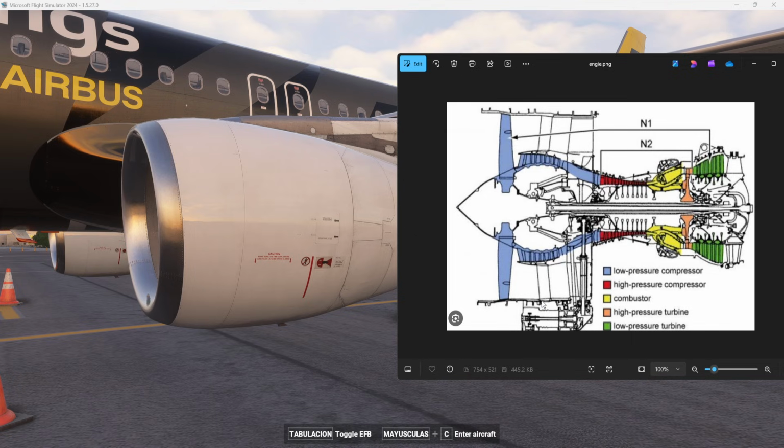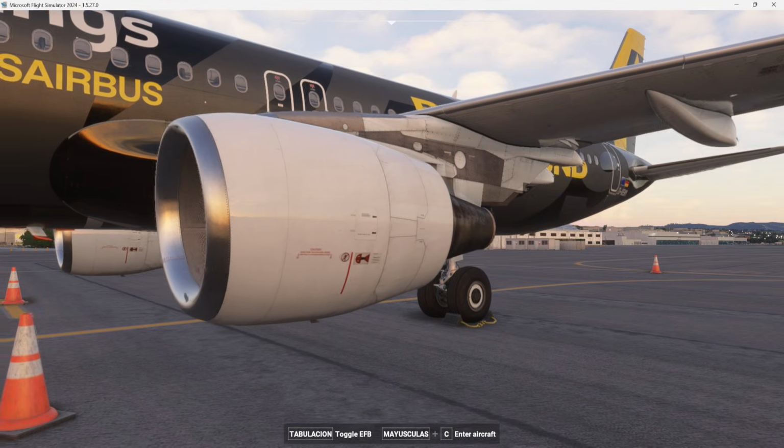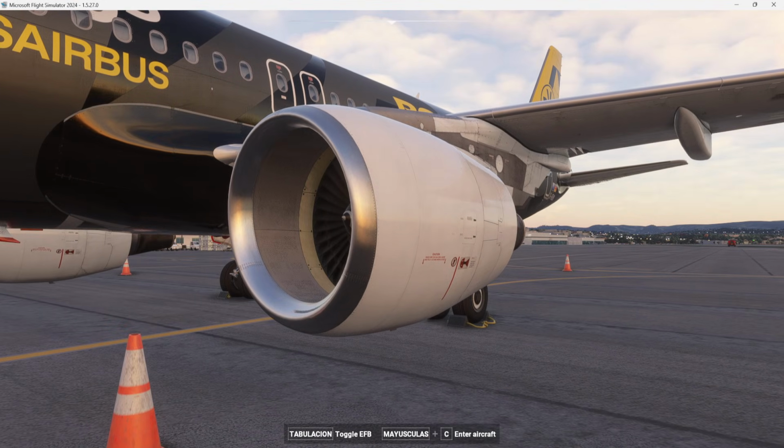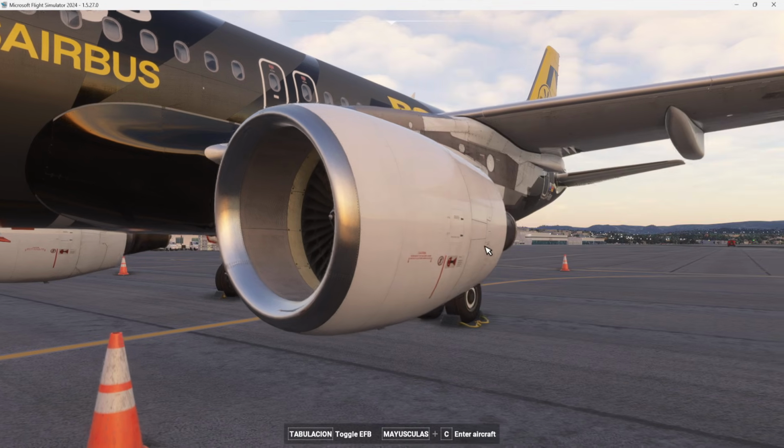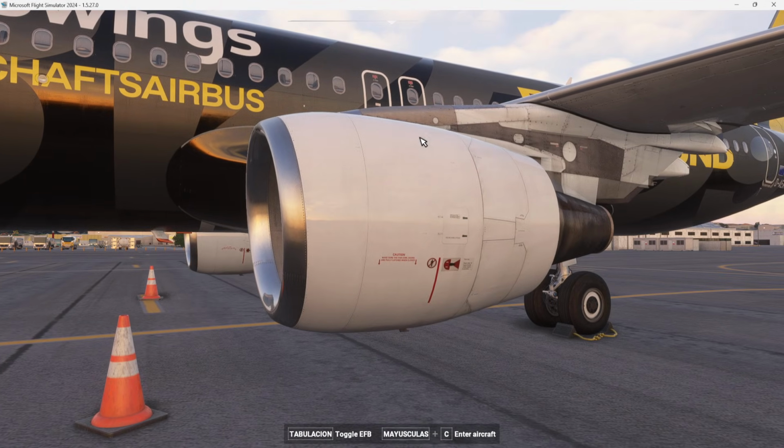We need to understand something. First of all, we have the fan. The fan is going to rotate in order to bring air. So 80% of the air is going to bypass from here, okay?